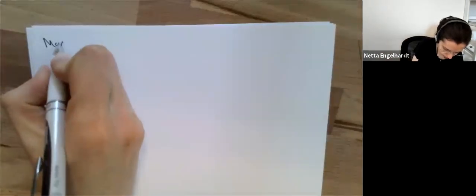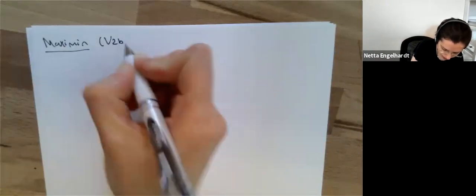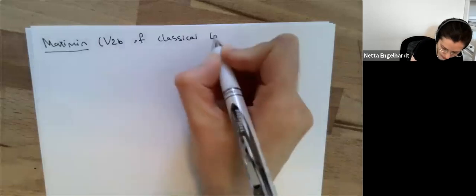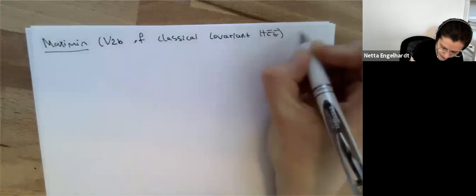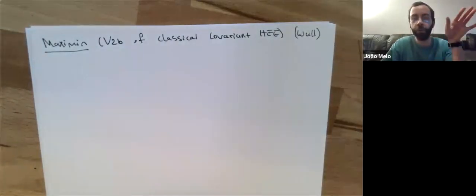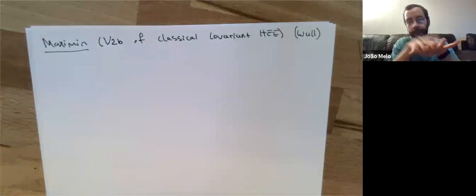Okay, so maxi-min. I'd like to think of this as version 2B of classical covariant holographic entanglement entropy. And this is by Aaron Wall. Just a question. Do let me know if you're going to address this in 10 minutes. Sure. And I can stay silent. Yeah. Which is when you're saying that if they are nested, then you can find the Cauchy slice that goes through all of them.